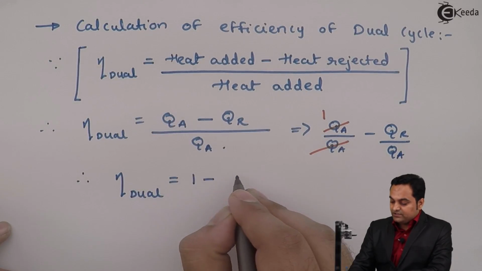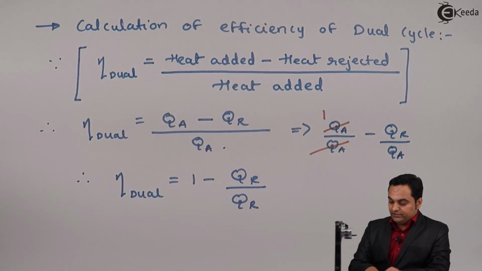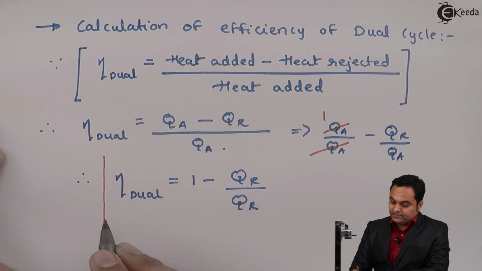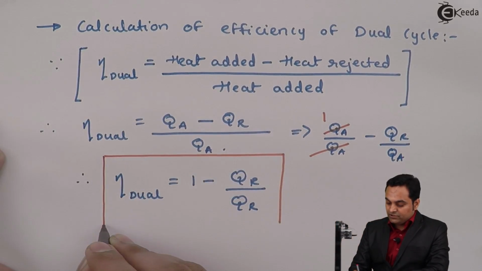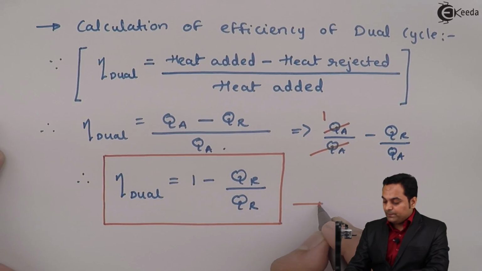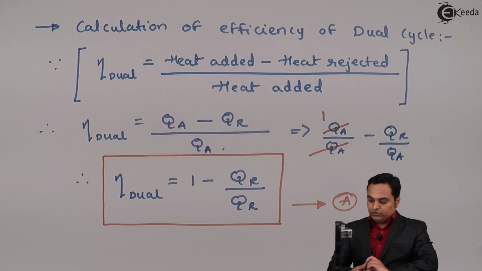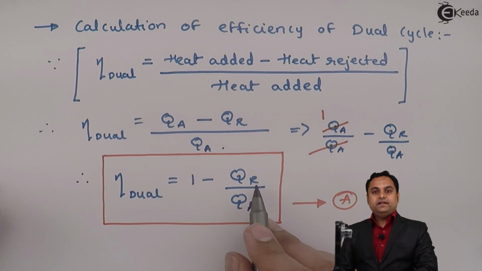So 1 minus QR upon QA is the formula to get the efficiency of dual cycle. I will be keeping this as equation number A, and from this we will get the efficiency value. So this is the equation A. Now I'll go for the calculation of heat added and heat rejected.